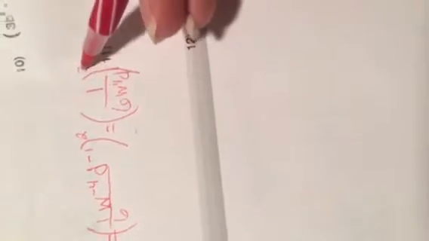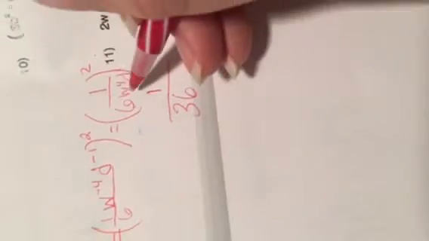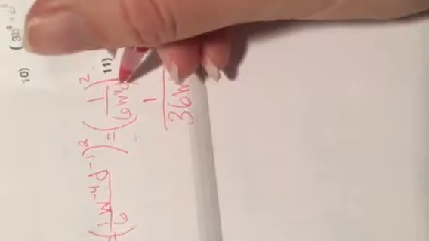Now all my exponents are positive, so I'm going to go ahead and distribute this 2. So 1 to the second power is still 1, over 6 to the second power is 36. W to the 4th to the second power is W to the 8th power, and then D to the first power to the second power is D to the second power. And then I'm all done.